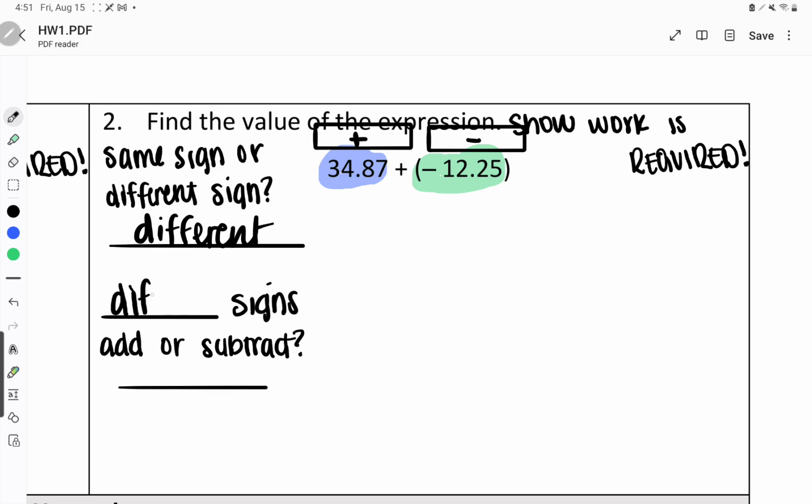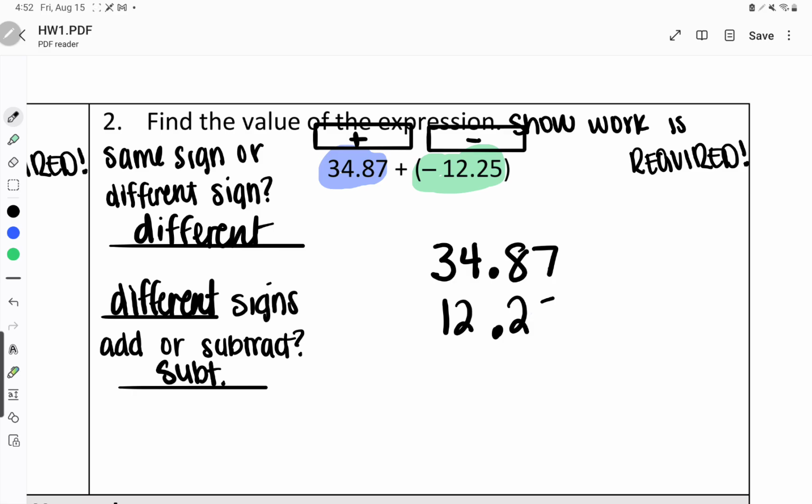Different signs add or subtract? They subtract. So I always put my bigger number on top, so which one's bigger, 34 or 12? 34 is bigger, so I'll have 34.87. What do I always have to make sure I do when I'm adding or subtracting? I have to line up my decimals. So I'm going to plop another decimal right there, and I have 12.25.